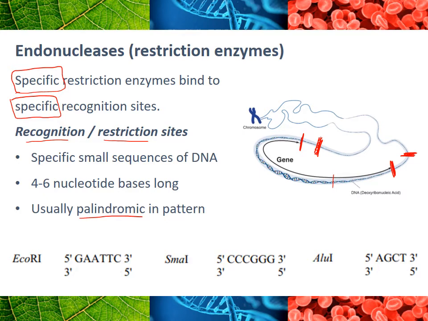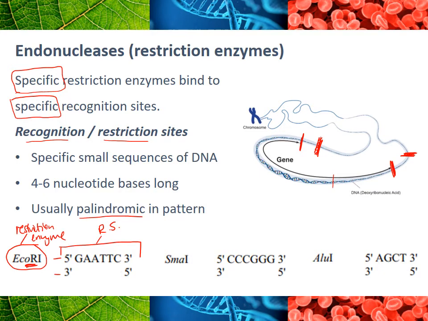Remember, DNA is double-stranded. So I've got one strand here. We'll look at what the other strand would be. So EcoRI is a restriction enzyme. And these bases here are the restriction or the recognition site that this restriction enzyme will cut.